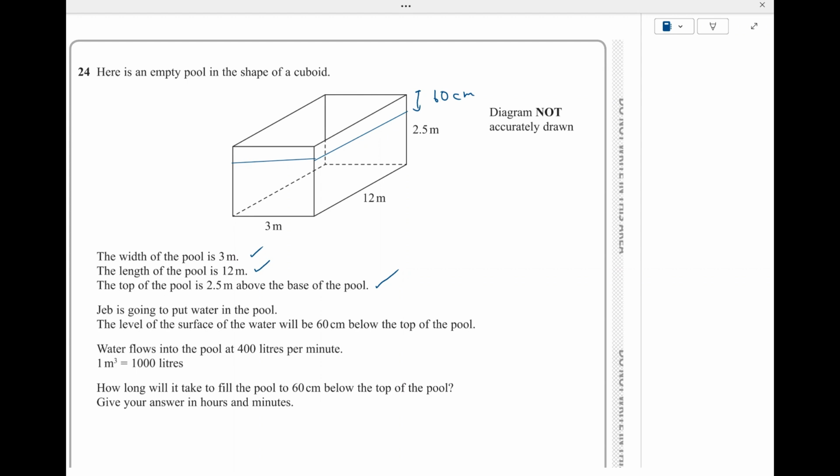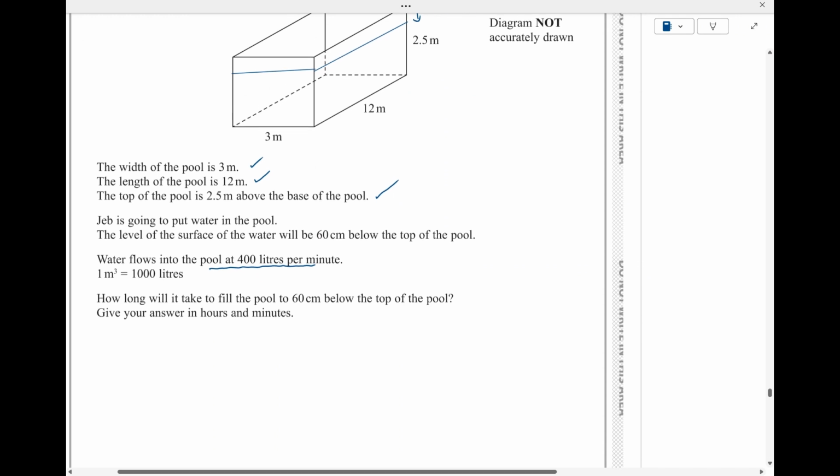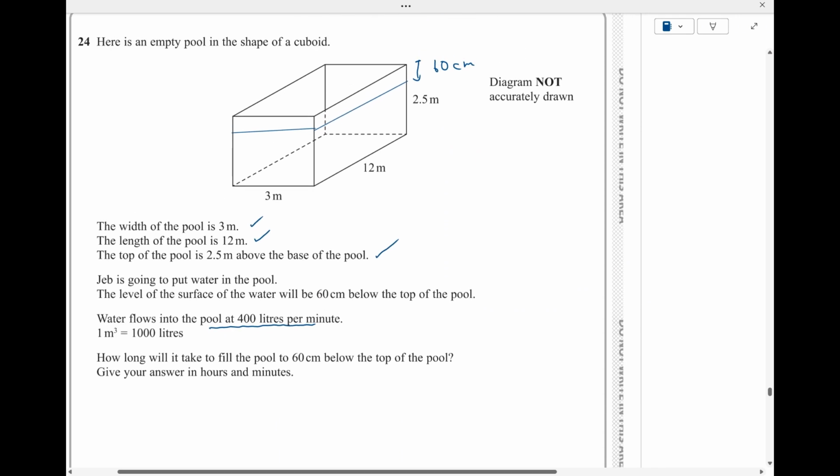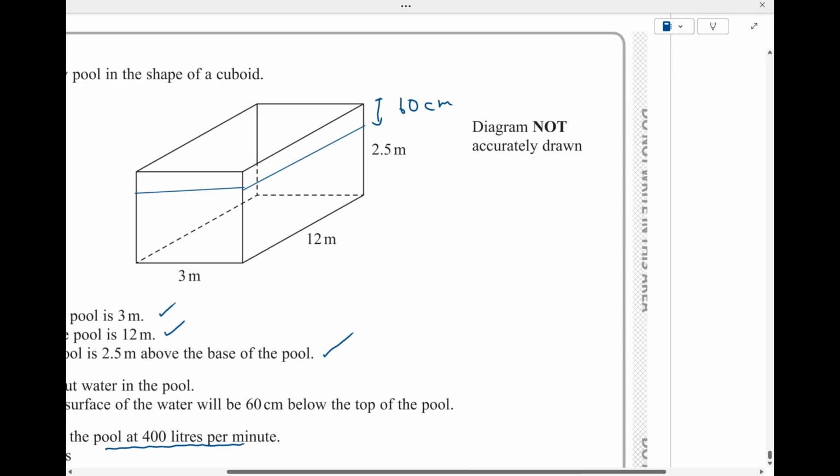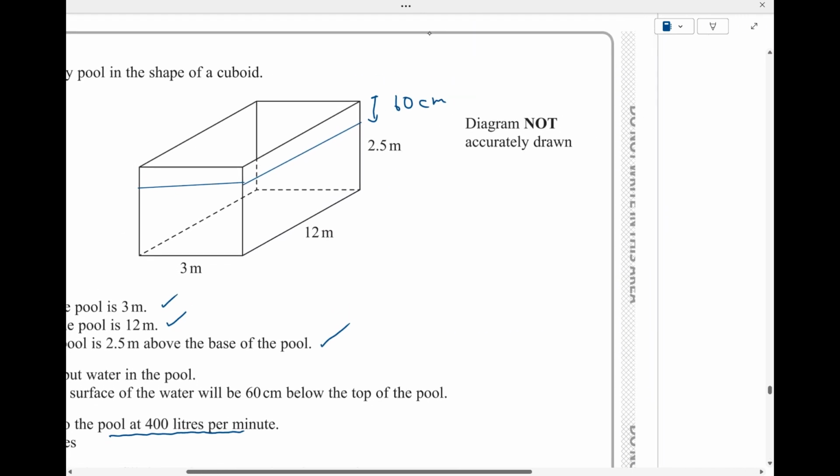The water flows into the pool at 400 litres per minute. How long will it take to fill the pool? Well, I wonder how much water he's going to need. So it's not going to be 2.5, it's going to be 2.5 meters minus 60 centimeters.